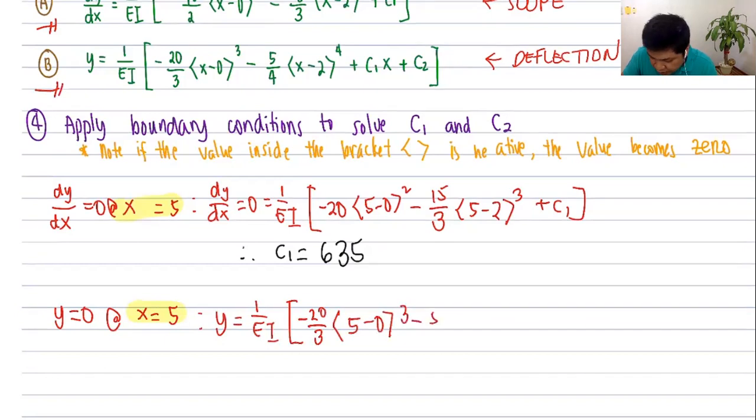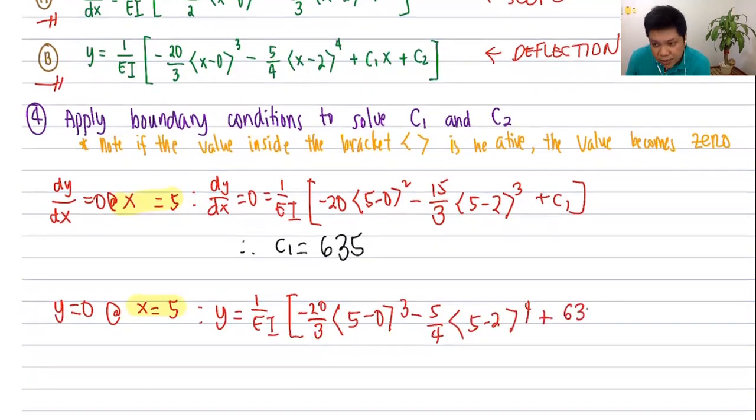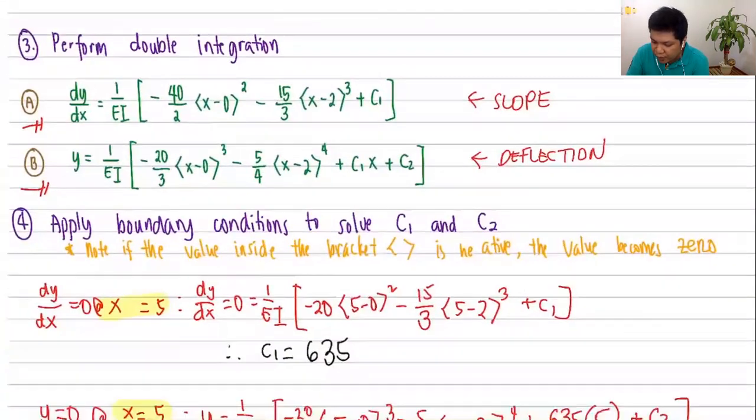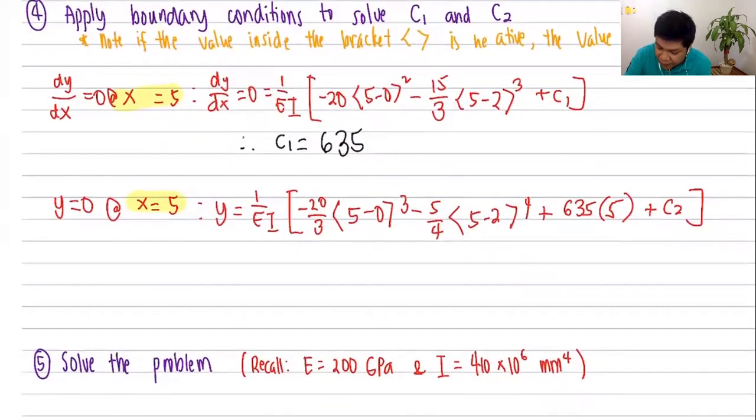Minus 5 all over 4, 5 minus 2 to the 4th, plus C1 is 635, so plus 635 times 5, so C1x plus C2. Obviously, no negative answers in the brackets. Therefore, I need to evaluate. I should be able to get C2 is equal to negative 26885 all over 12.